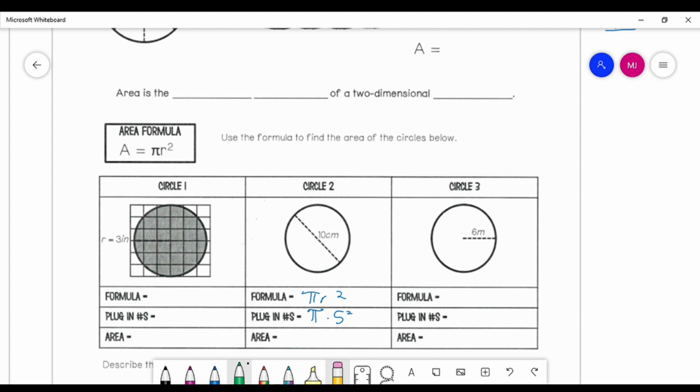What'd you get? 78.5 centimeters squared. You try the next one on your own. Write down the formula, plug in your numbers, and then put it in your calculator.